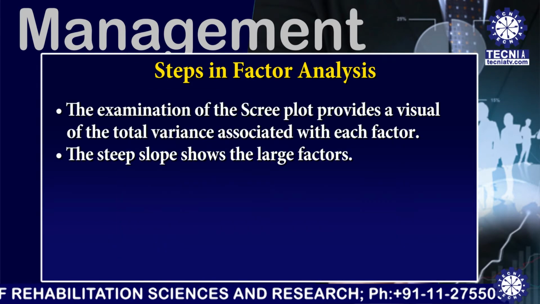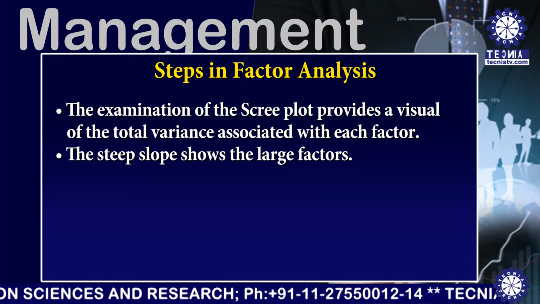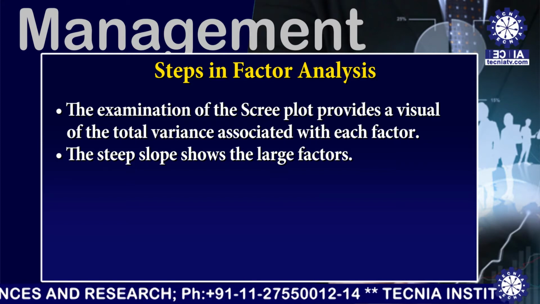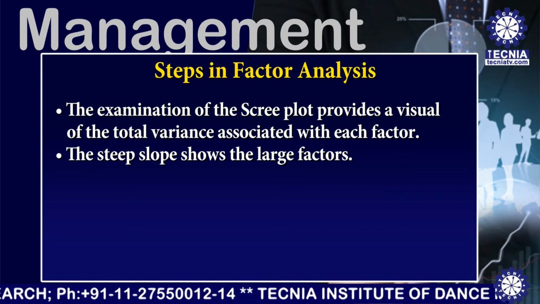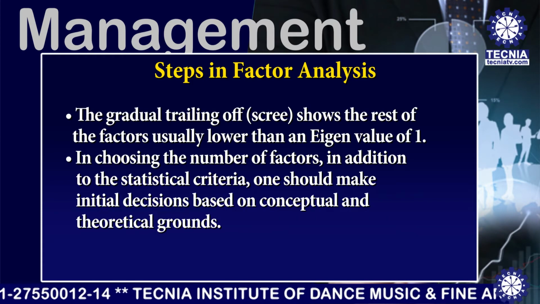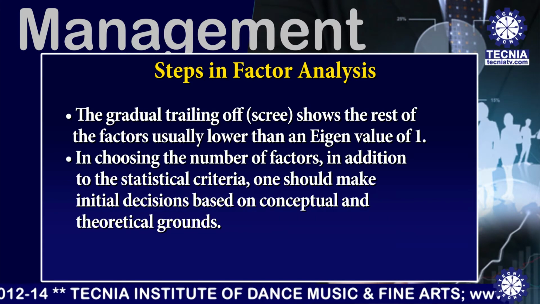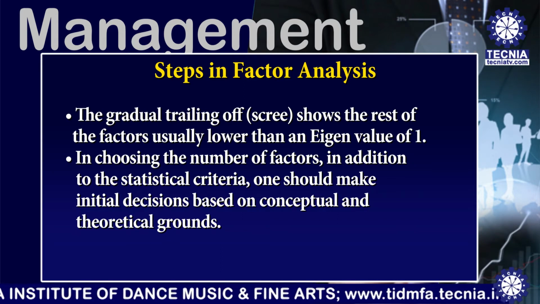The examination of the scree plot provides a visual of total variance associated with each factor. The steep slope shows the large factors. The gradual trailing off shows the rest of the factors, usually lower than an eigenvalue of 1.